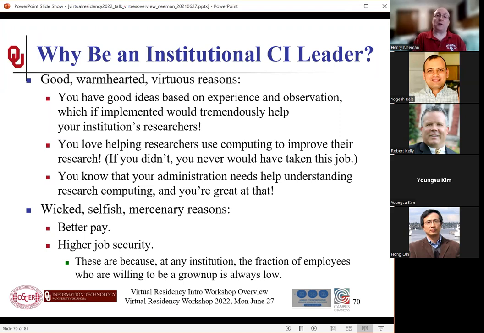If those ideas were implemented, that would enormously help your institution's researchers, and researchers across the country, around the world. You love helping researchers. That's why you got into this business. Well, okay. Those of you who the boss pointed at and said, you're in charge now, you didn't know you loved helping researchers. That's news to you, but I promise you, it is actually true.